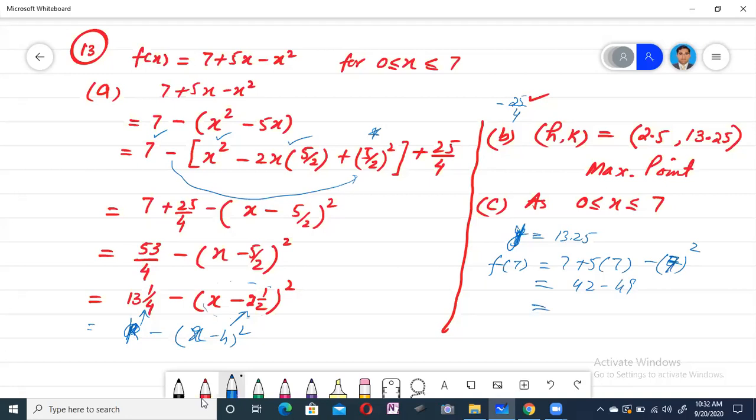This will be 42 minus 49 is minus 7. It means the lowest value is minus 7, less than or equal to f of x is the range, and less than or equal to the maximum value, which was 13.25. This is the range of this function. Okay, this is the range.